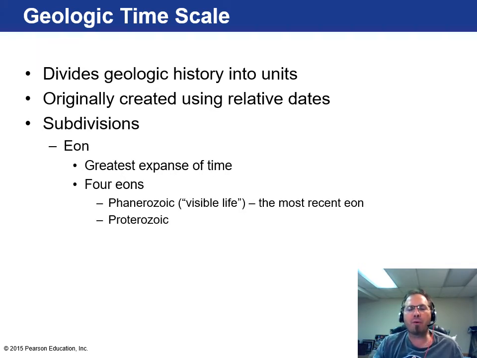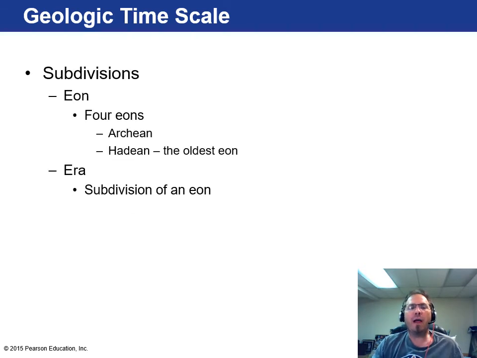Then you have the Proterozoic, which is sort of where life began in its earliest forms, maybe some bacteria or something like that. Then you have the Archean and the Hadean. Those are obviously the oldest ones.